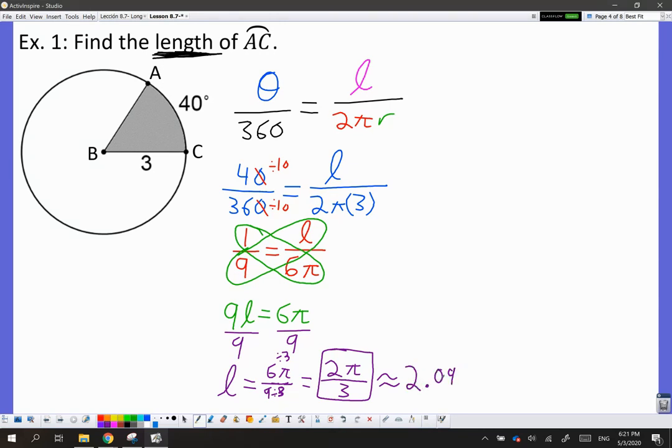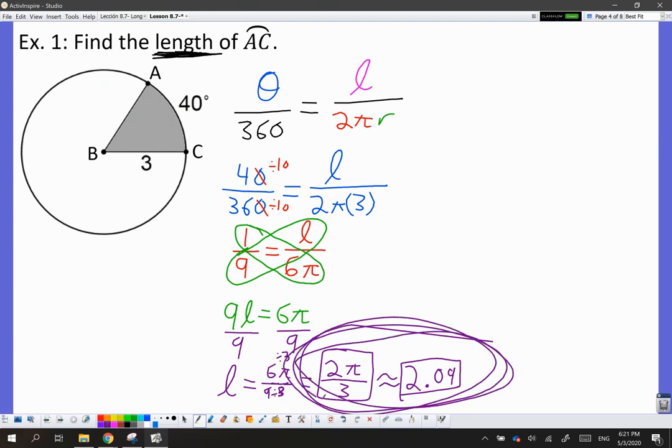And again, I can find this by plugging this part, 2 pi over 3, into the calculator. If I do that, I'll get my decimal approximation. And that's it. So here are the answers. Could be 2 pi over 3 in exact form. And I'll put exact form here.